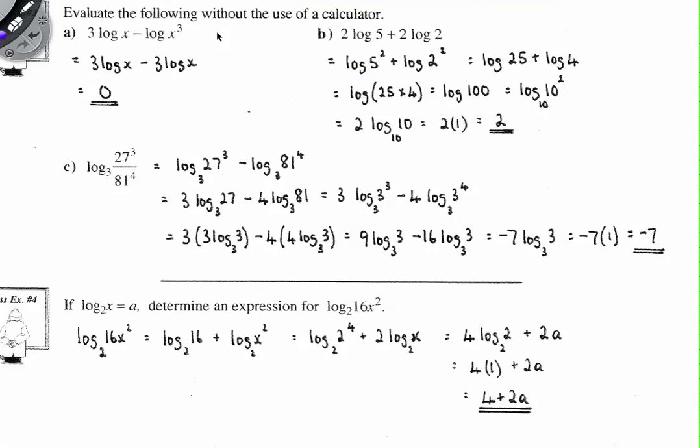Evaluate the following without the use of the calculators. Example 3. So again, we get 2 logs, and we're subtracting, so we could use the quotient rule. Let's bring this 3 up here, and now we have a log minus a log. I'm just looking at what they have down here.